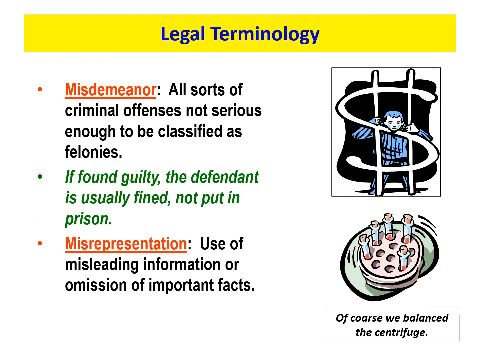Okay, so a misdemeanor. We talked about different ones. Misdemeanors are all sorts of criminal offenses that are seen as not serious enough to be classified as a felony. So if found guilty, the defendant is usually fined and not put in jail. Versus if it's a felony, most of the time, not always, they can spend time in jail. Misrepresentation is the use of misleading information or omission of important facts.